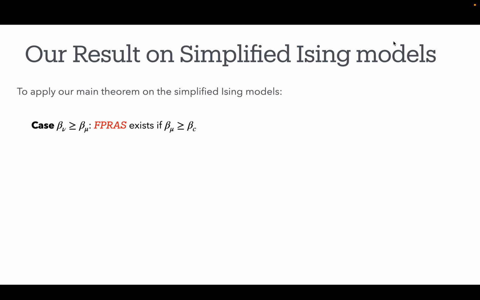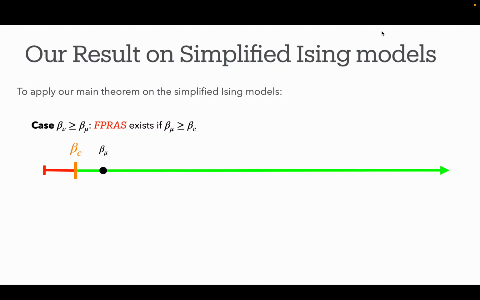The first case is that beta nu is greater than or equal to beta mu. There exists an FPTAS if beta mu is greater than the threshold beta_c. For example, here is the threshold beta_c, and here is beta mu, and here is beta nu, and our beta_2 to beta_alpha are all above the uniqueness threshold beta_c.